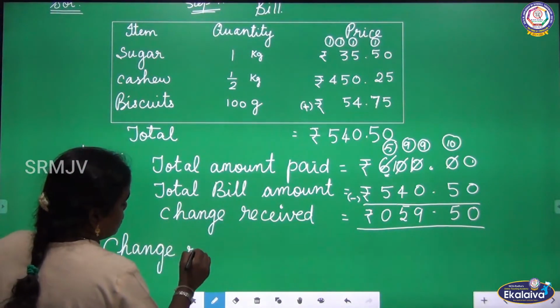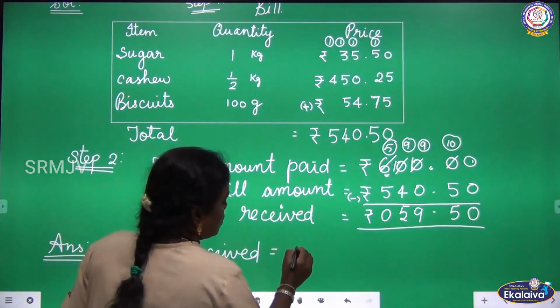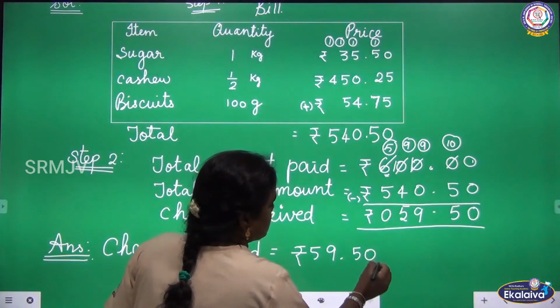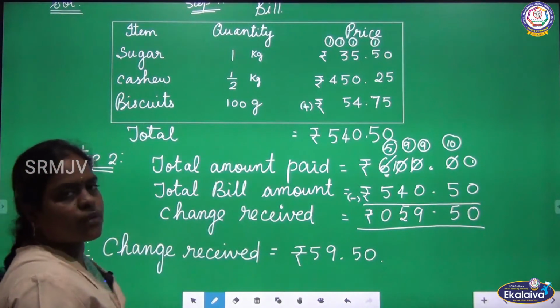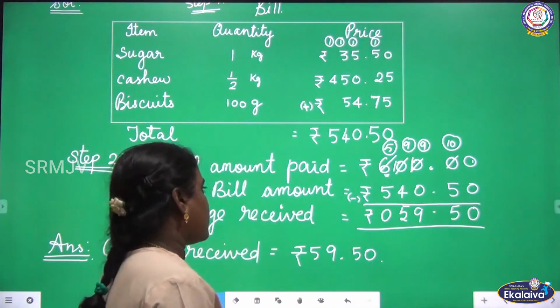Change received equal 59 rupees and 50 paise. So he received 59 rupees and 50 paise as change.